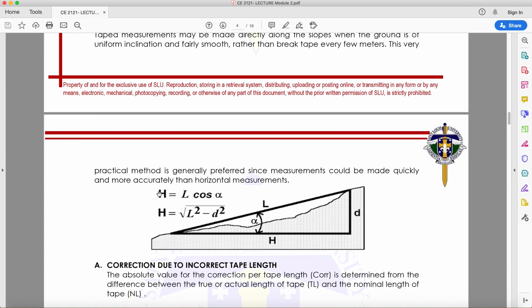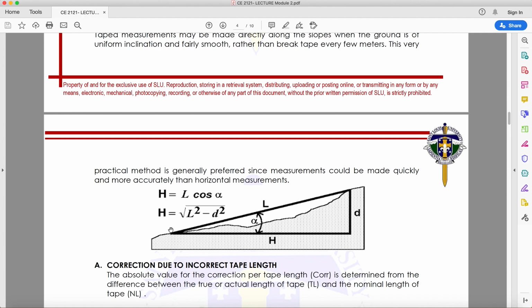So here we're going to ask the help of Pythagoras, okay, for the Pythagorean theorem. So this is a right triangle. For example, you are going to determine the horizontal distance. Instead of measuring the horizontal distance from this point to this point, then moving, this point to this point, horizontal again, this point to this point, moving again, until you finish, what we can do is to simply determine the diagonal distance.